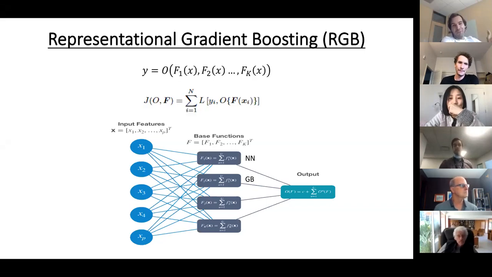We didn't build it for that reason, but it's apparent that's a very important portion of it. The fact that you could segregate these classes of functions and see the contribution of each of them and optimize them together is quite important. And then you can optimize non-differentiable functions like gradient boosting together with differentiable functions like the neural network. That is very important. So I agree with you.